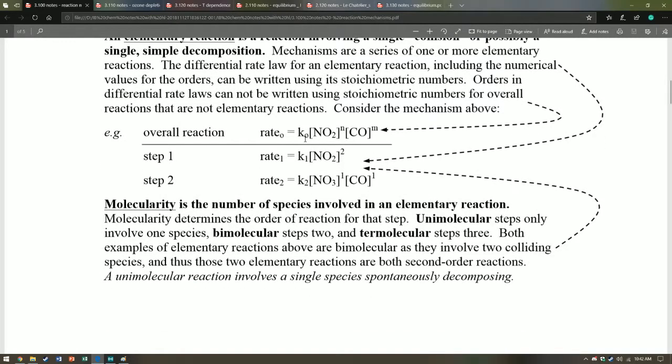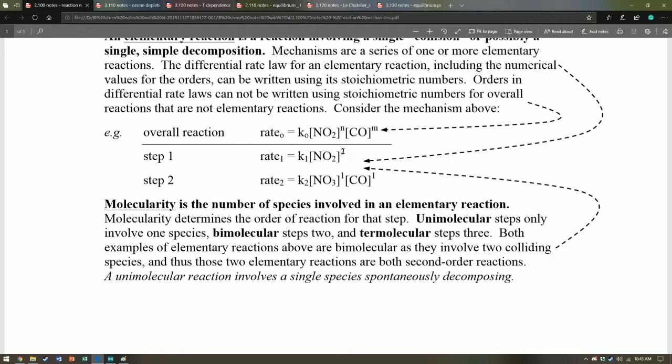Molecularity is the number of species involved in the elementary reaction. Basically, the exponent here tells us how many of those molecules you need. The order tells us the molecularity of the species, and the molecularity gives the number of species involved in an elementary reaction.